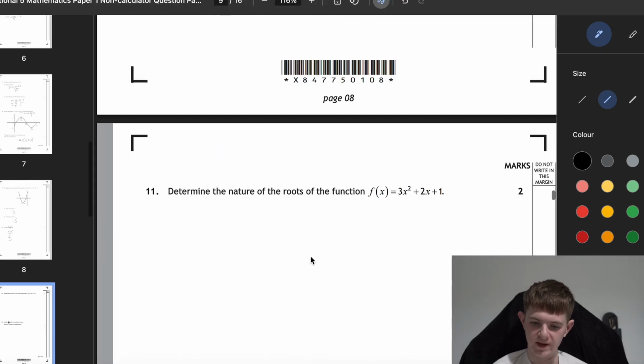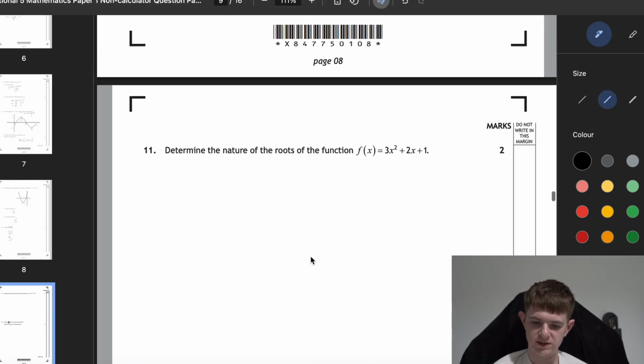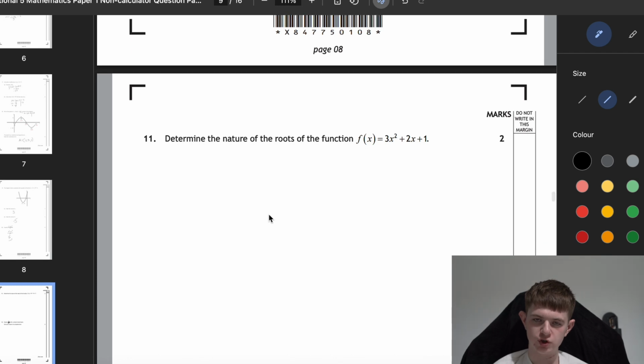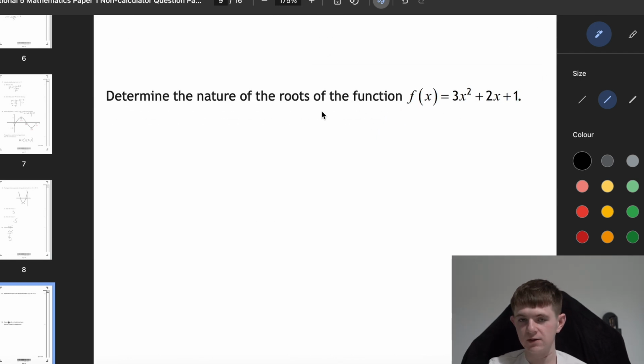No problem. Right, nature of roots. Let's have a look. The nature of roots, you don't directly get the formula, but indirectly you do.